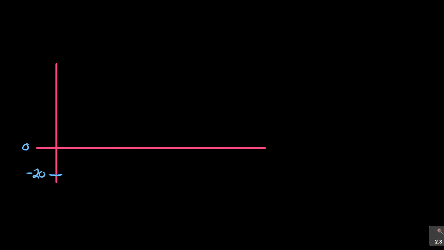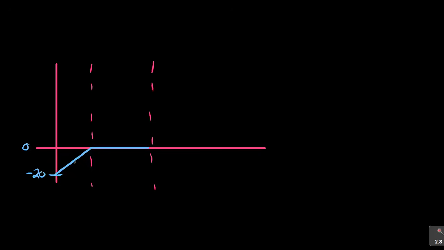From minus 20 to 0 here, and then from there we have that straight line, and then we have a new phase coming in, as they were just interested in ice melting.